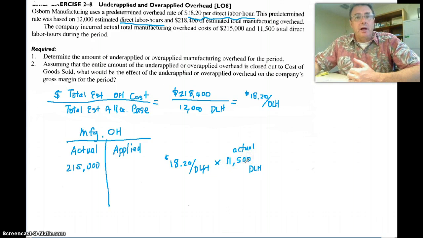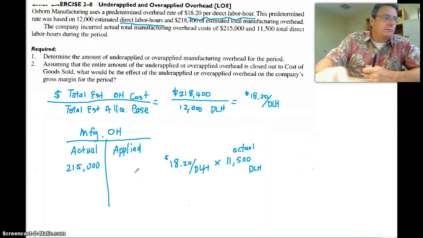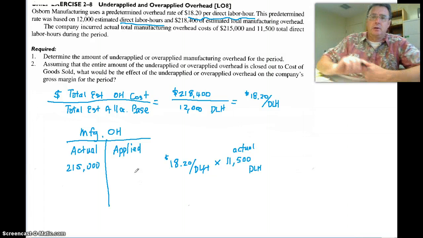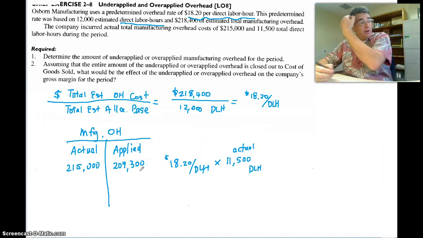So the overhead is applied throughout the period based on our predetermined overhead rate. That comes to $209,300. Is that what you got? I think that's right.